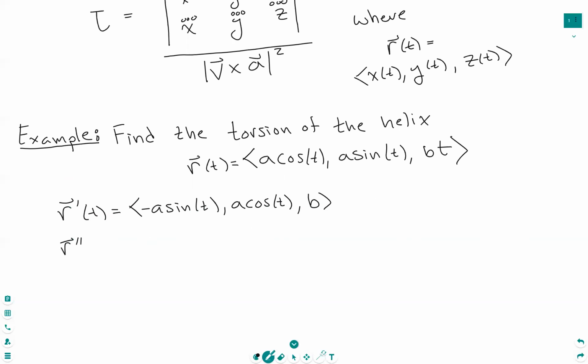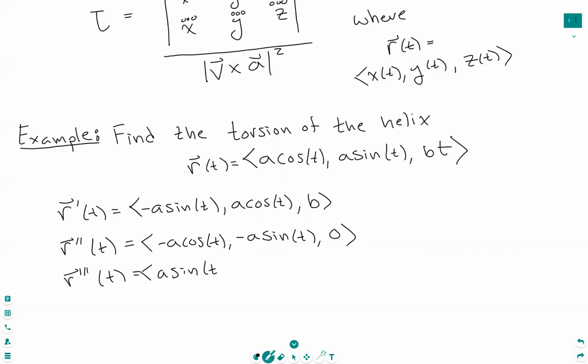We have our double prime, which is negative a cosine of t, negative a sine of t, 0, and then our triple prime is a sine of t, negative a cosine of t, and 0.